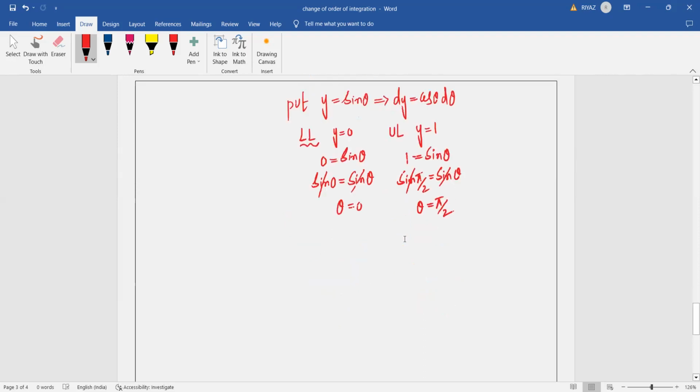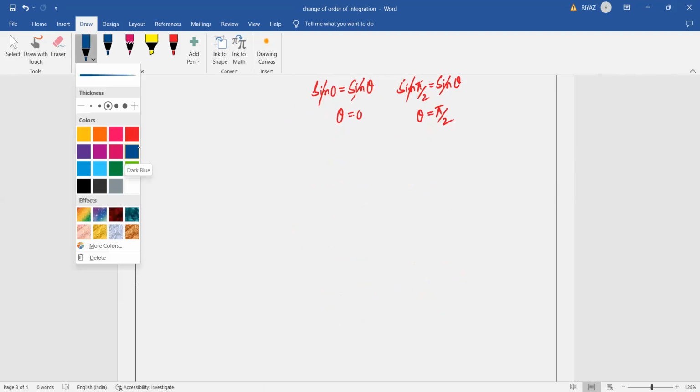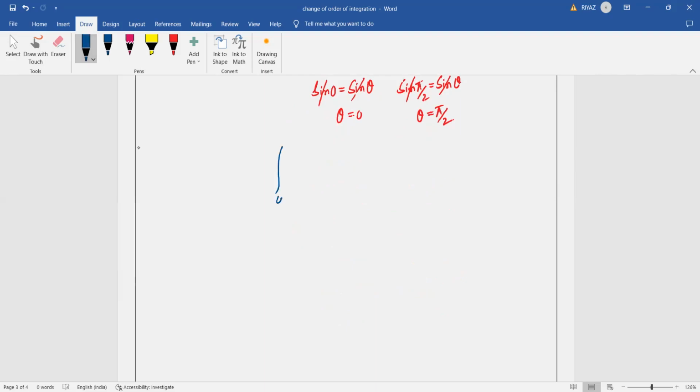This is equal to, now the new limits 0 to pi by 2. Y square becomes sin square theta, and under root 1 minus y square means under root 1 minus sin square theta, and dy value is cos theta d theta.